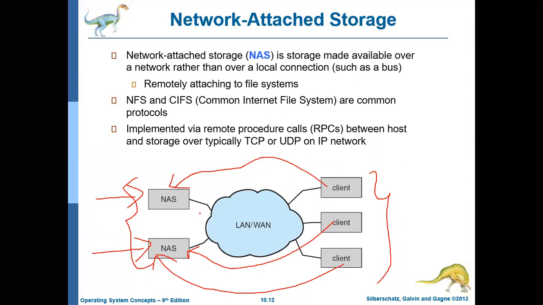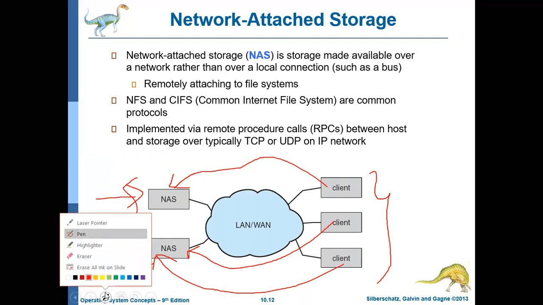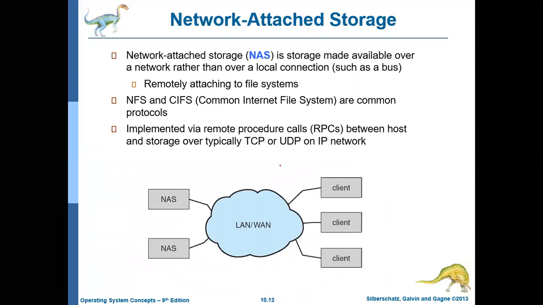Sometimes more storage may be provided and sometimes allocated storage may be removed. But that is not the case in network attached storage. All the available storage will be visible to all the clients, and whatever they want, they have to access according to their requirement. So here the responsibility is on the client. If a client wants to store on a device, it has to store, and if it wants to read, it has to read.